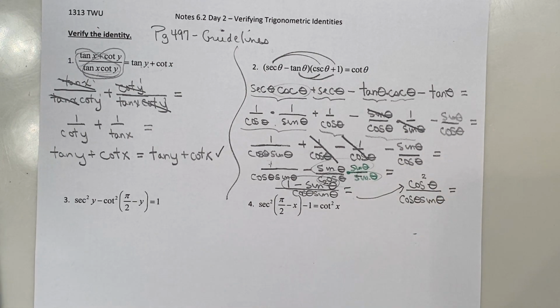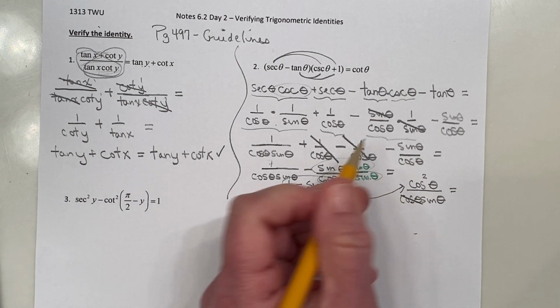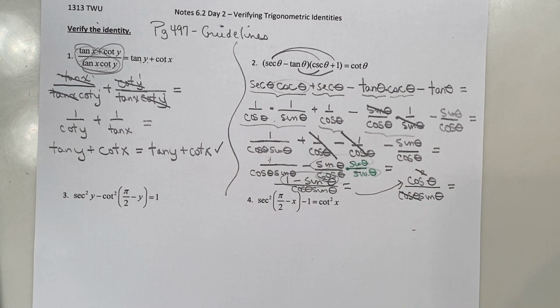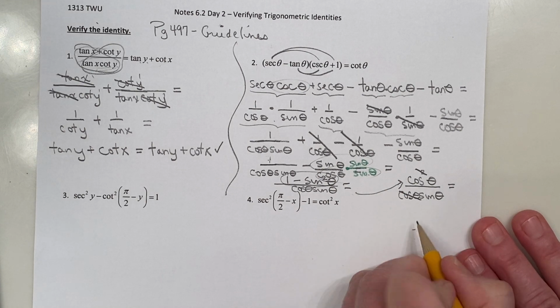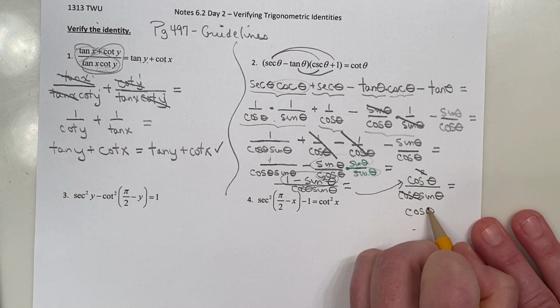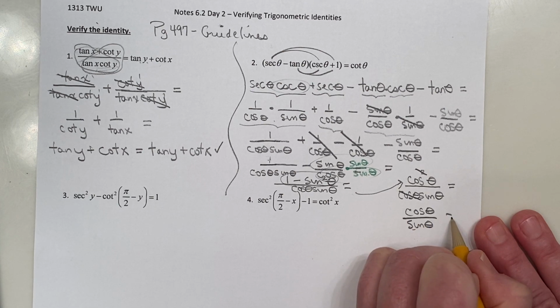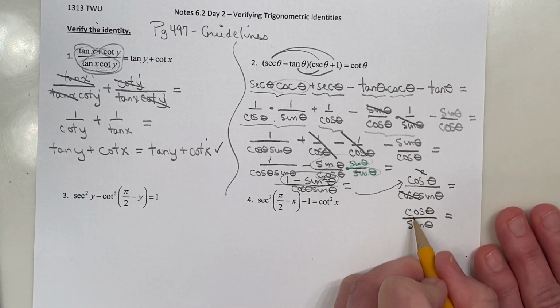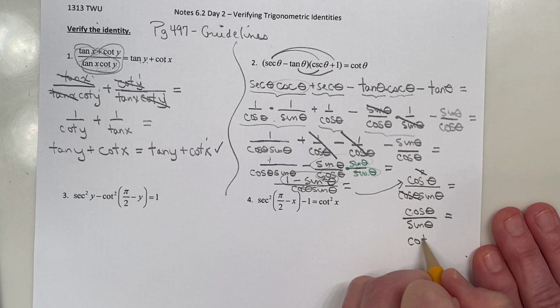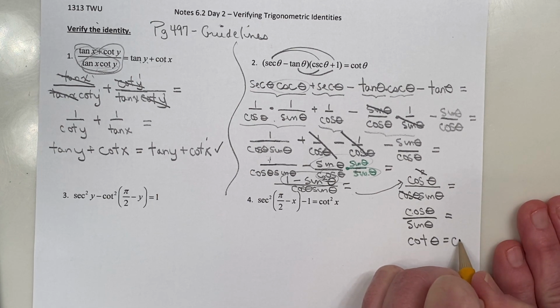And I have an equals here. Well, I can divide out cosine theta with one of these cosine thetas up here, leaving us with cosine theta over sine theta, with an equals. And we're lucky because right here this is equal to cotangent of theta, which is what we're trying to get to.